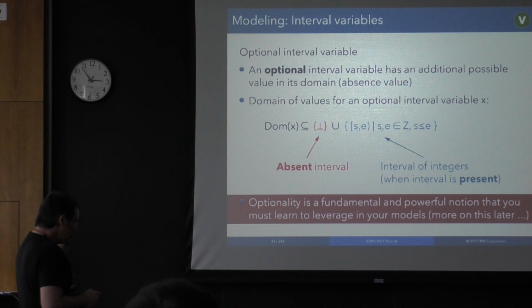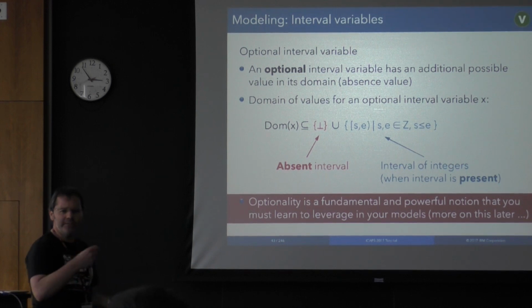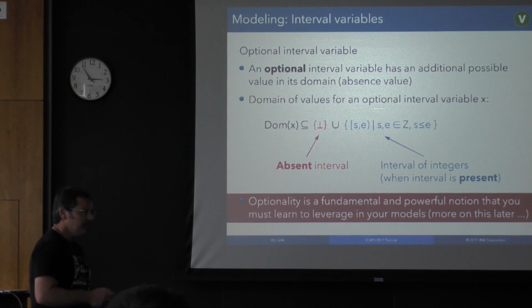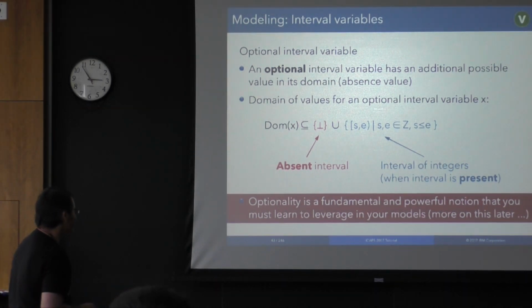So this notion of optionality is something very fundamental in CP Optimizer models, and you really need to understand it. In the beginning, I know it's maybe a bit difficult to understand and to fully leverage this concept. But when you get used to modeling with CP Optimizer, you will see that it's very fun, by the way, to use for modeling.